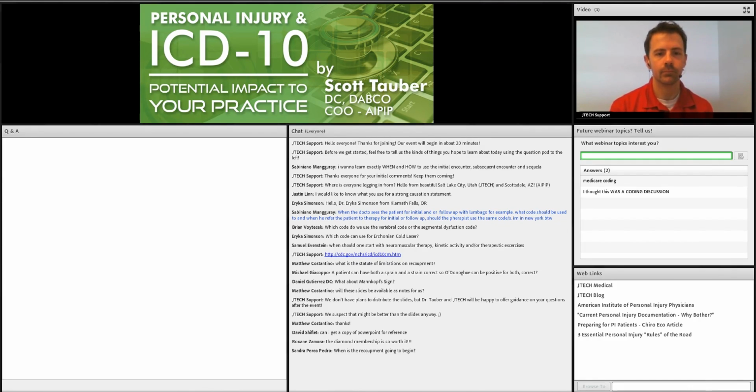So the base code, if you will, is M25.6. If you're talking about the spine, there really isn't one, so you would use M25.60, which is stiffness, unspecified joint, not elsewhere classified, or NEC is what they call it. So that's the old stiffness code that went to the M25.6.